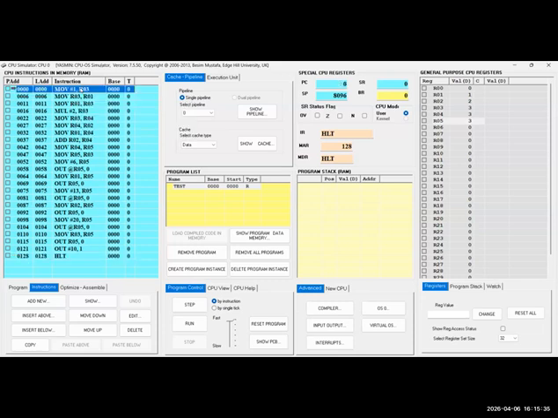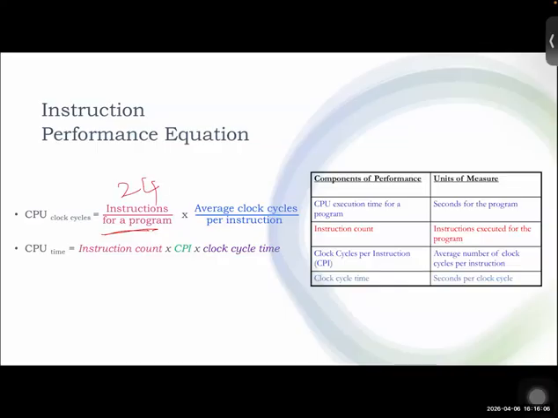Let us assume for this example that a data transfer instruction takes, suppose, 1 cycle. How many times does this move instruction appear? In our previous lab, we counted the total number of times it appeared. That gives the total number of move instructions, load instructions or store byte instructions, and that gives the average clock cycles per instruction.